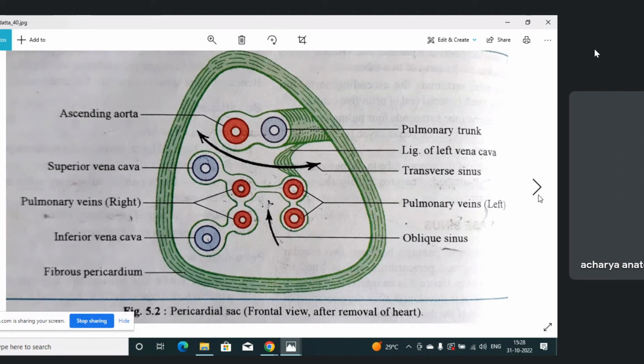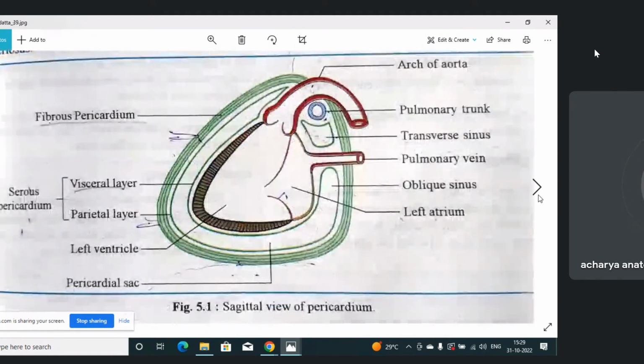Okay, next, oblique sinus boundaries. Whenever we cut this pericardium, we tap the front side, the back side, above and below. Boundaries: anteriorly, posteriorly, above.